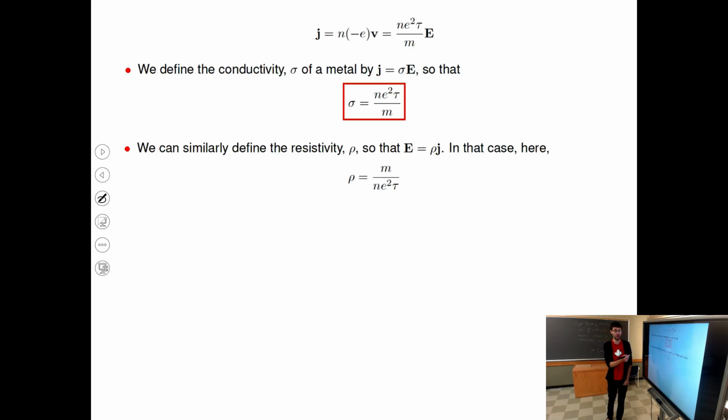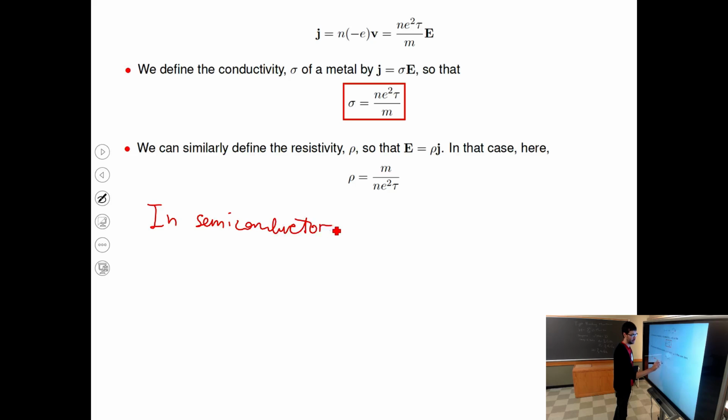So you might be using the same formula for some semiconductor, but you will be plugging in a much lighter mass here. In that case, the mass is called the effective mass.